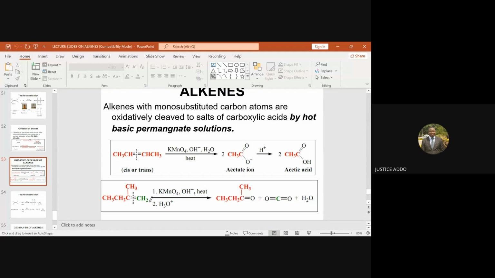A gas. And the gas is what? Carbon dioxide. Now this portion, the carbon is not having any hydrogen. So that side will give you what? A ketone, as you can see here.